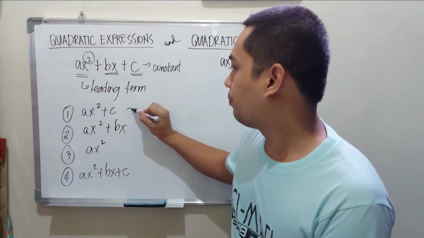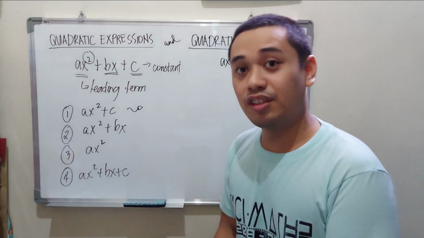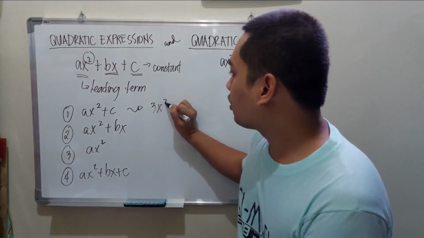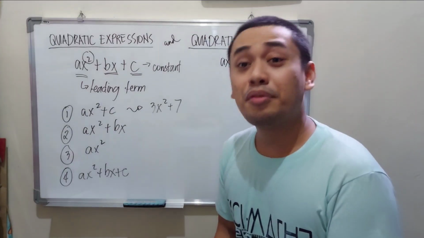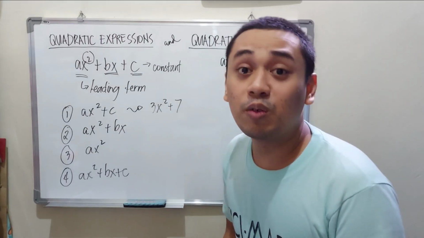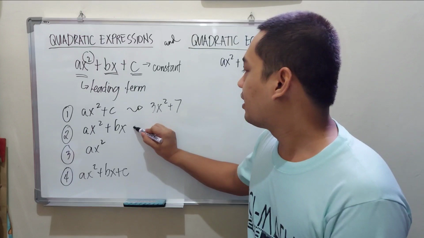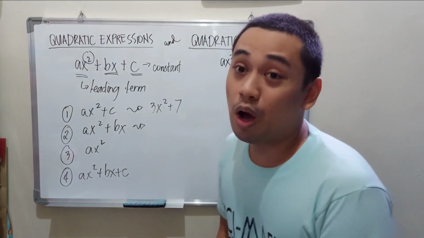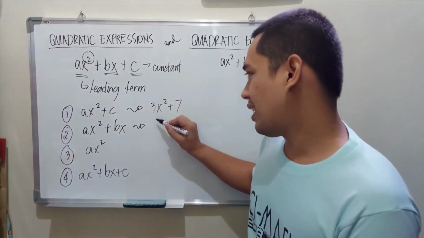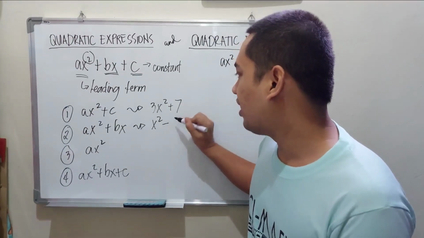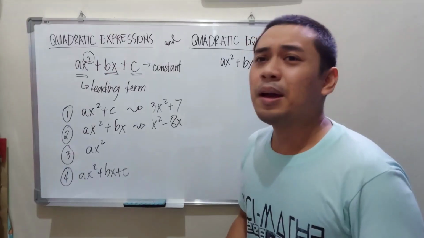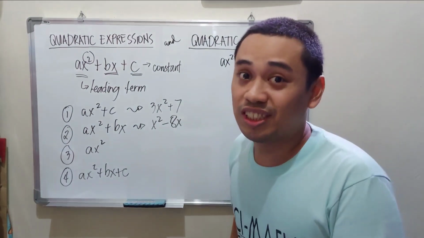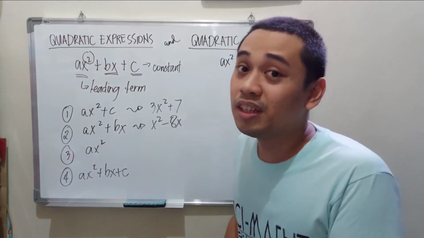For example, we can have on the first variation ay 3x squared plus 7. That is an example of a quadratic expression. Second, pag bx naman yung meron, then nawawala si c. So, we can have as x squared minus 8x. Bakit po minus 8x? We recall that subtraction is just the inverse of addition.